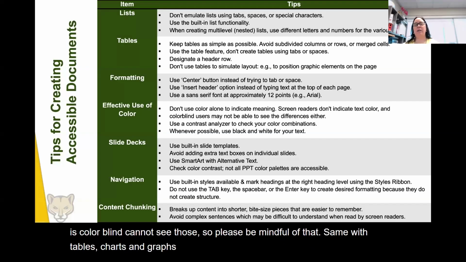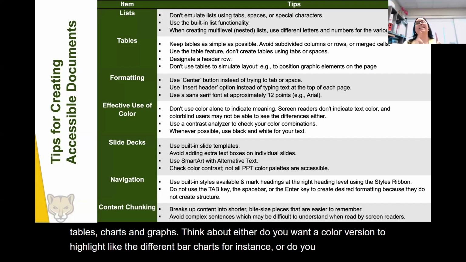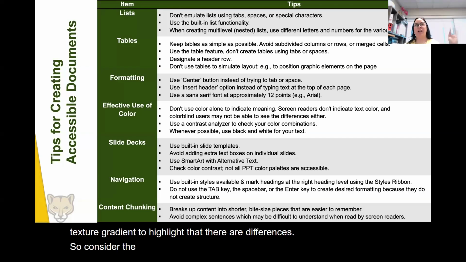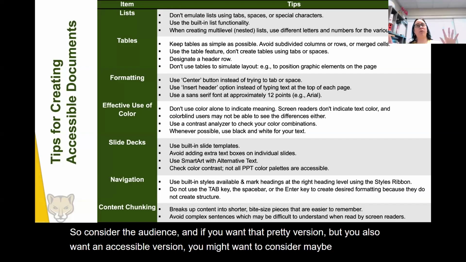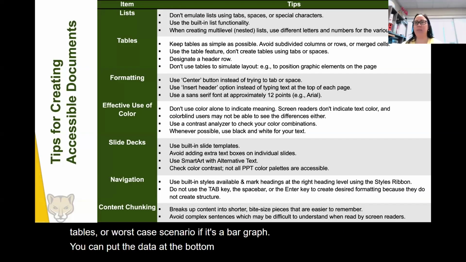Think about either, do you want a color version to highlight the different bars in a bar chart, for instance, or do you want to use texture gradient to highlight that there are differences? So consider the audience. And if you want that pretty version, but you also want an accessible version, you might want to consider creating two tables, or worst case scenario, if it's a bar graph, you can put the data at the bottom in a data table as well.